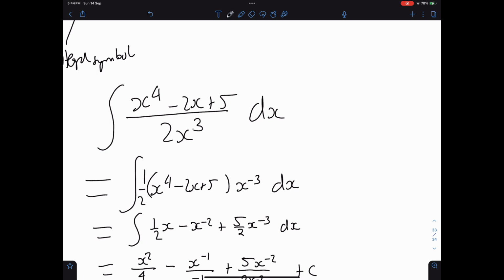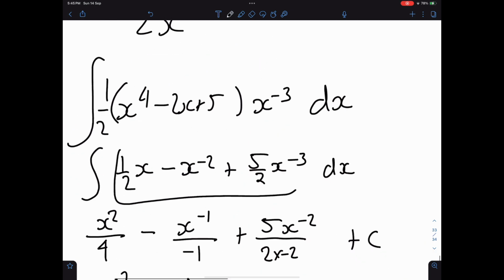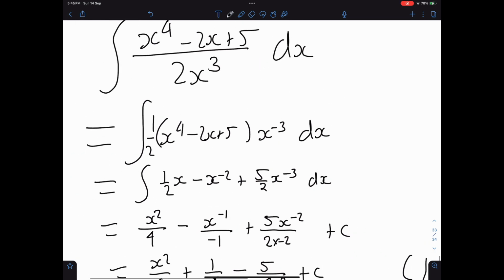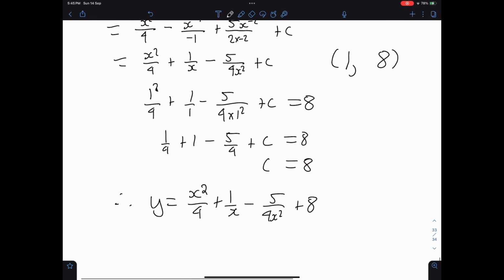We just split it up and try to combine it into one nice polynomial expression, not with fractions and stuff. And then if we know a point that the curve goes through, we can use that information to evaluate what c is and then give the actual function.